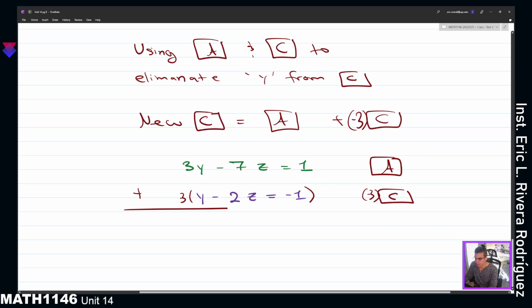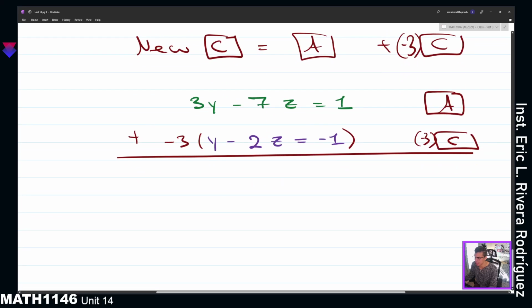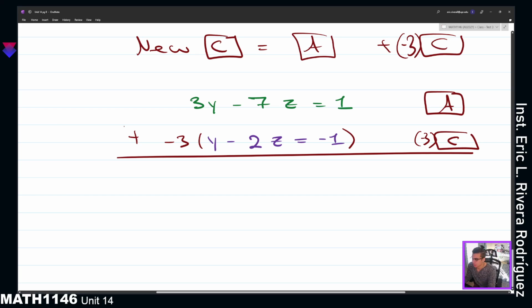Okay. So now we have -3 times C. Remember, the equation that we are going to modify is C. So A, we are using just to eliminate the y term from C. Okay. So multiplying by -3, I'm going to distribute -3.